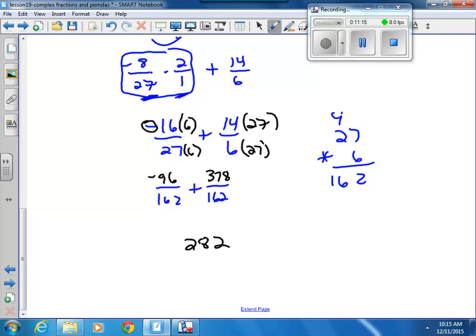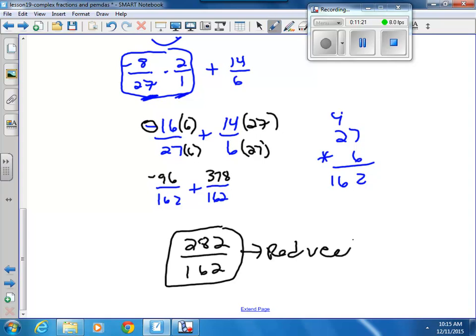So you arrive at 282 over 162, which is great, but the question is, does it reduce? You know it's even, so you can at least start by dividing by 2. It should reduce into 47 over 27, and I'll let you play with that on your own for time's sake.